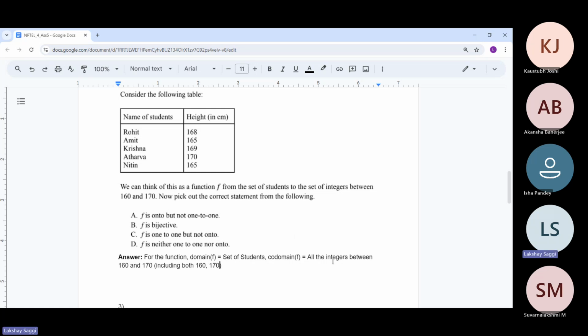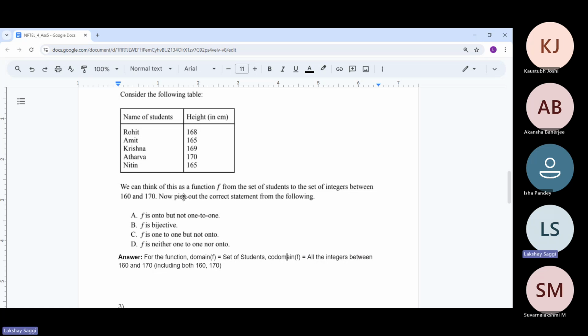So effectively, the codomain of f will be nothing but 160, 161, 162, 163, 164 till 170. And how did we define this codomain? Because it was already given to us that we can think of the function f from the set of students to the set of integers between these. So this is the codomain given to us.